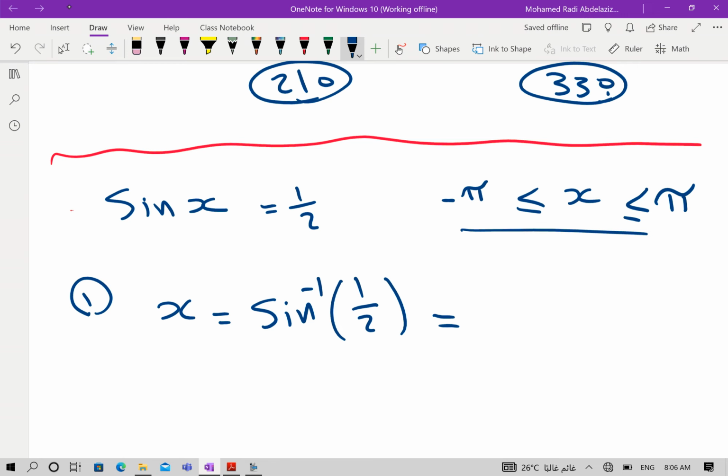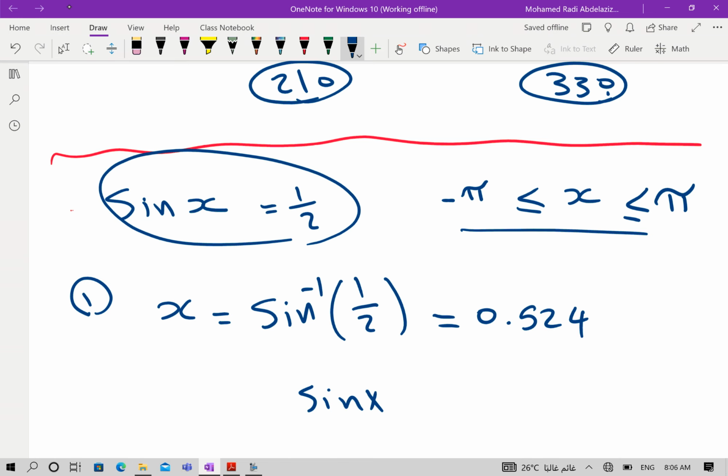The answer, given at least 3 significant, is 0.524. This is the basic angle. Then sine x given in the question, positive or negative?